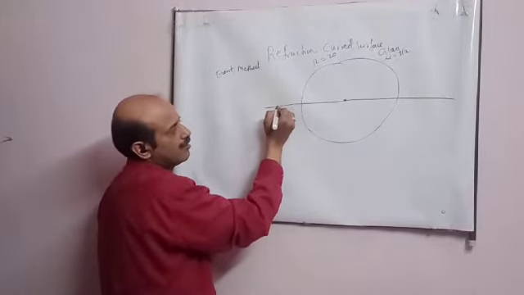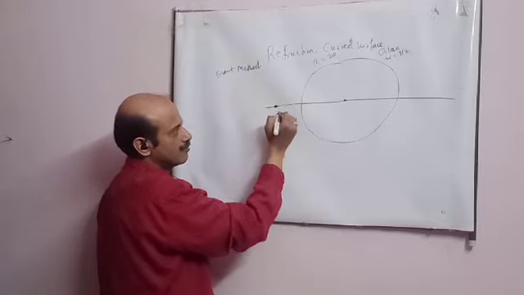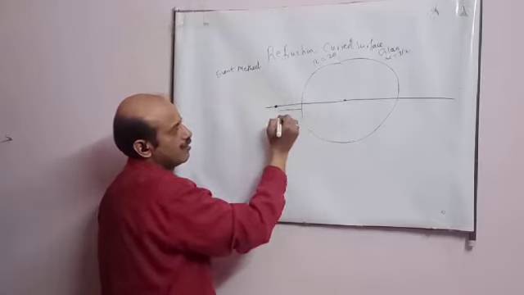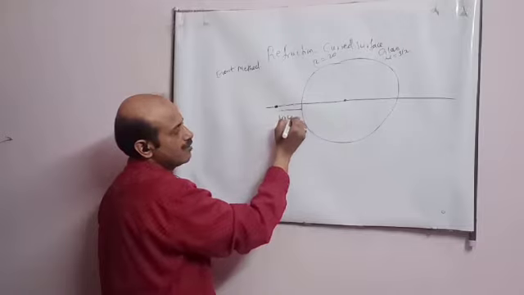Now say the object is kept here. The object distance is 10 centimeters, student.